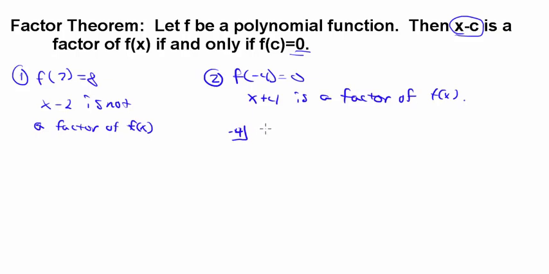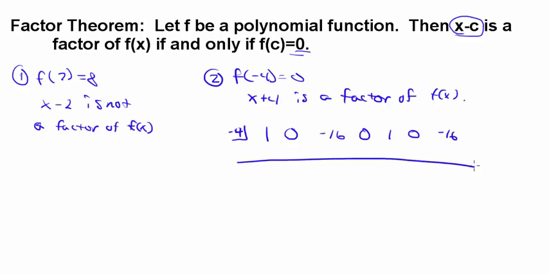Looking at the previous problem, the first one was a 1, that was to the 6th power. Notice here we skipped the 5th power, so that needs to be a 0 as a placeholder. We have a negative 16 to the 4th. We are missing our cubic, so we put a placeholder in there. We do have an x squared term, and it was a 1. Finally we have no linear term, so that's a 0 again. And then we have negative 16 as our constant.